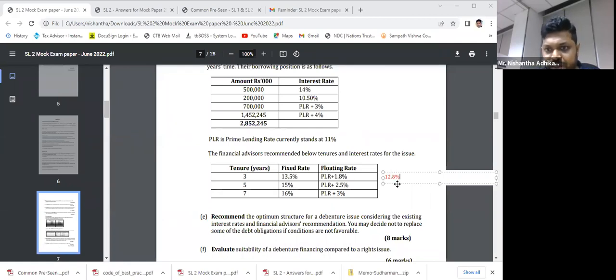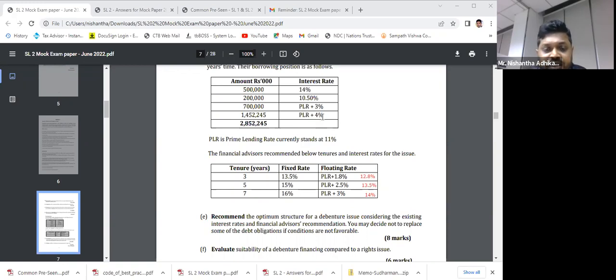This one 12.8, right? PLR plus 2.5 mean it will be 13.5%. Right. PLR plus 3% mean this should be 14%. By looking at this option, floating rate is more favorable in all the instances, rather fixed rate.